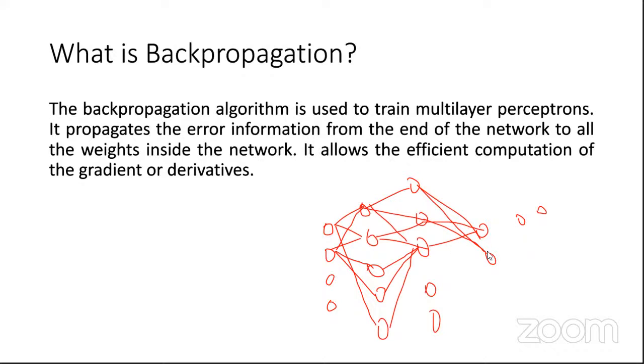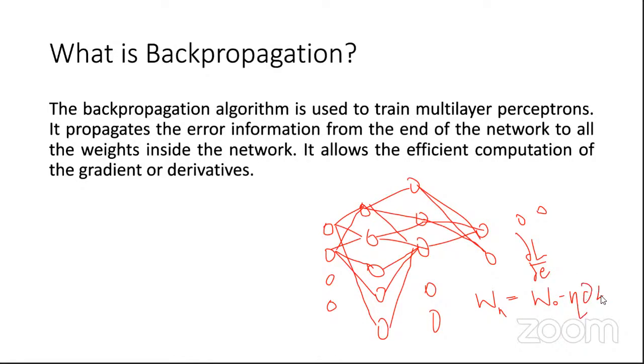During this flow we have derivatives, del by dou, and the weights are updated. The new weight is equal to the old weight W minus learning rate into del by dou.